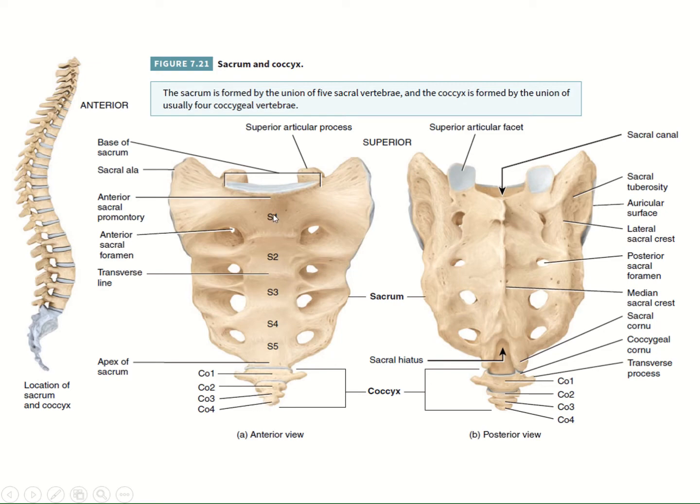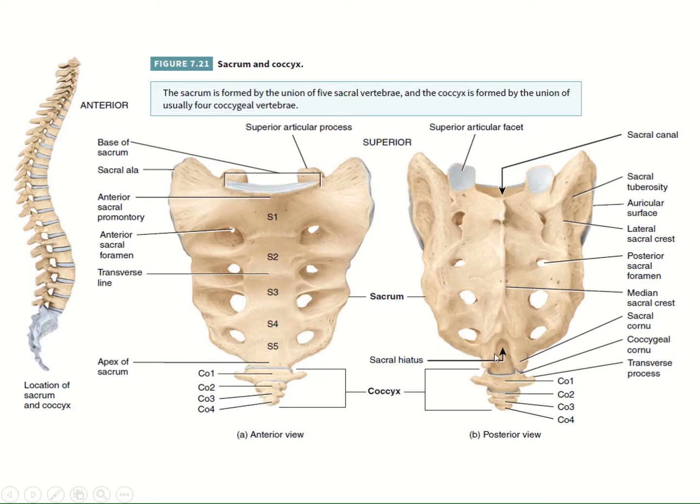So these are your sacral foramen, anterior sacral foramen. This one is a posterior view because you would be able to appreciate the median sacral crest over here. The vertebral foramen will fuse with the 5 sacral foramen and form your sacral canal.